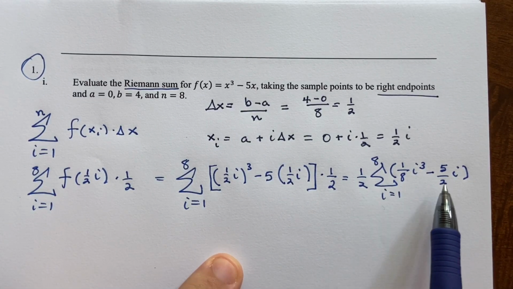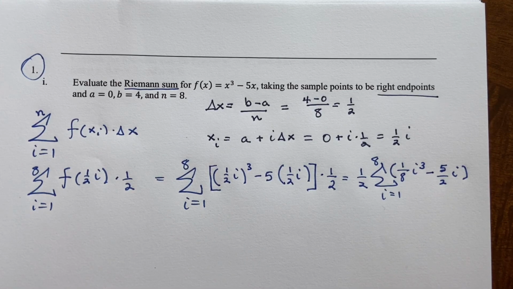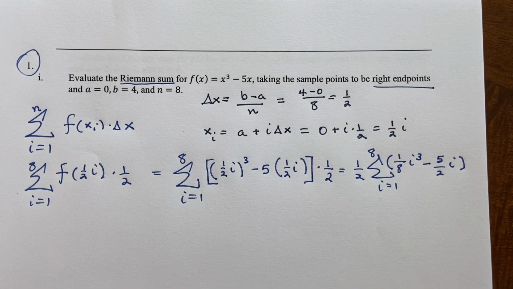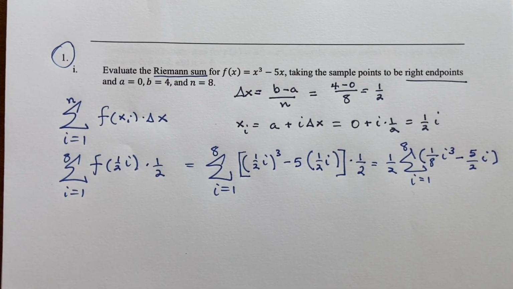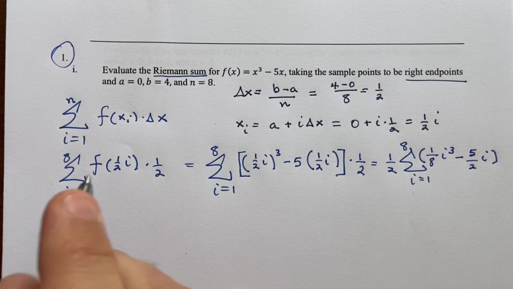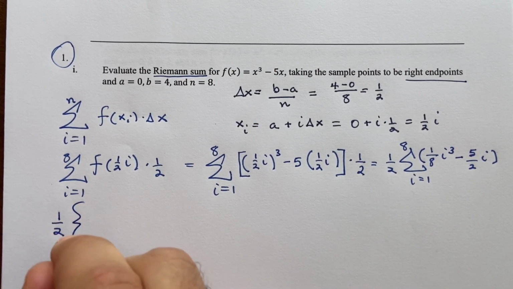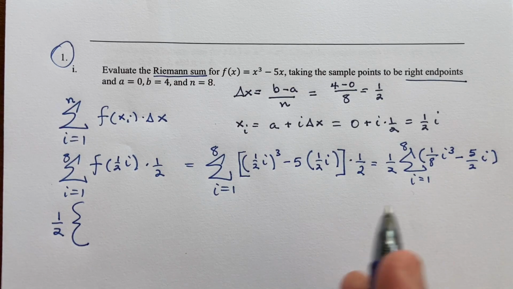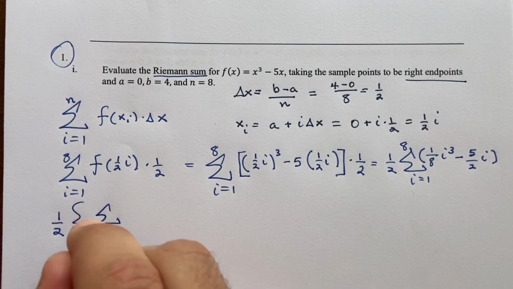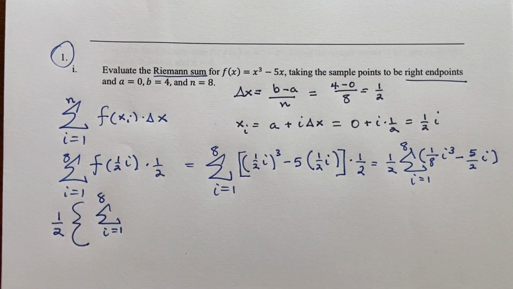Okay, so I can split this into two sums. So maybe I'll use the summation properties this time. So we have 1/2 out front. I'll just keep that out front. And then I'll have the sum, i equals 1 to 8.